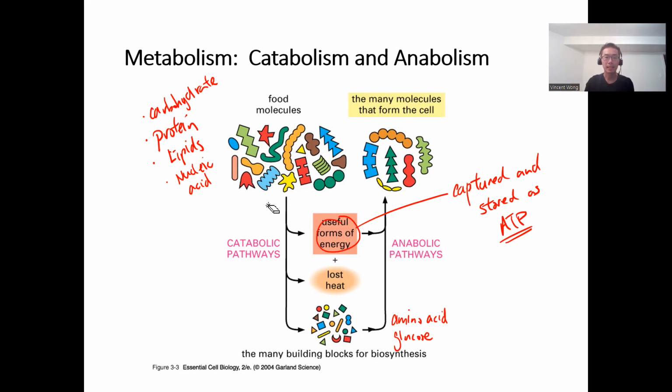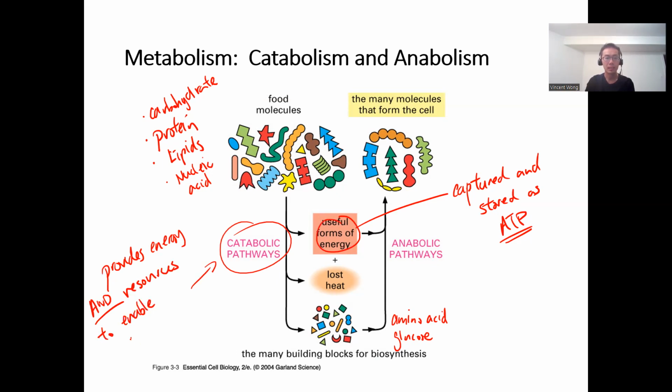So basically, the catabolic pathway provides energy and resources to enable anabolic reactions.